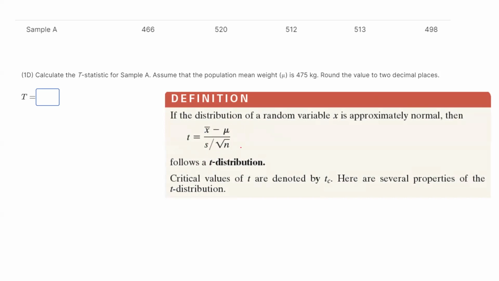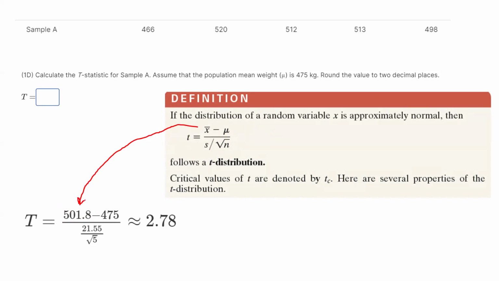Do we have all of this information? Yes, of course. T is 501.8, which is your sample mean. Mu is the population mean, which is given to you in the question. It says, hey, use 475. So this is your mu.